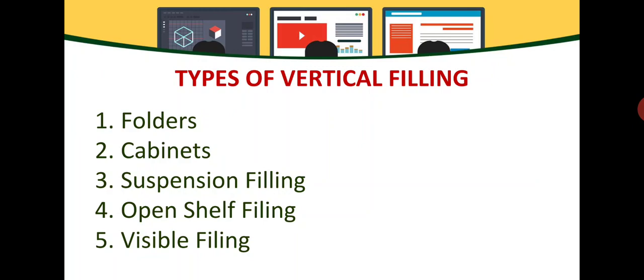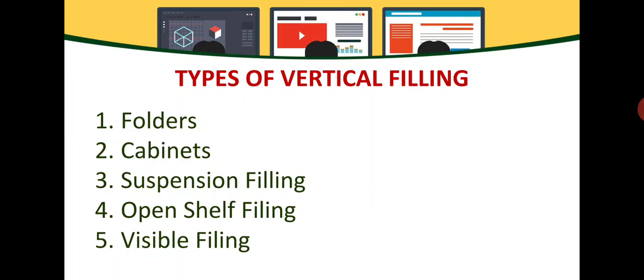But as far as your examination is concerned, this is the extra point that I am including in our topic, that is the types of horizontal filing and vertical filing. You just have to remember the meaning of horizontal filing, its advantages and its disadvantages.